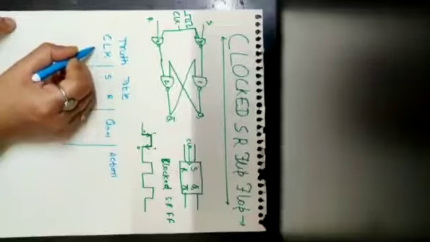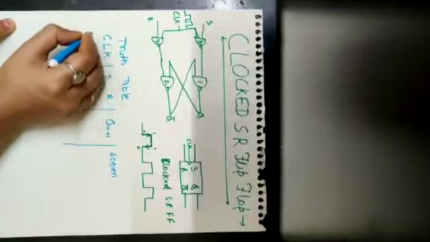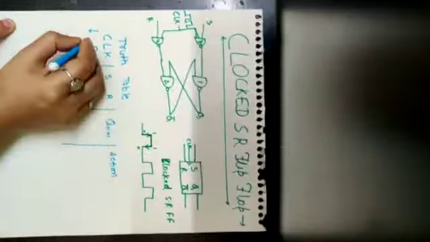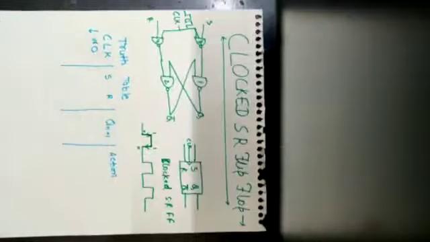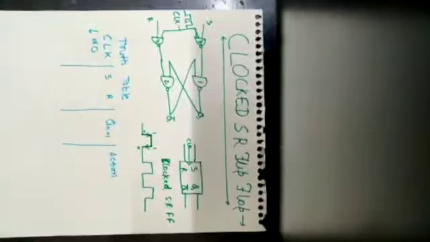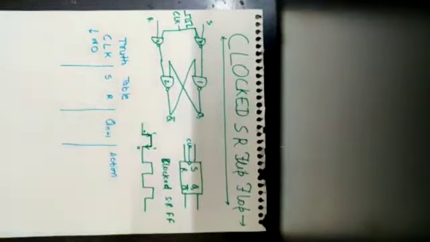First I am considering the case when the clock is low, or when the clock is 0. Sometimes you can show low by a downward arrow; in some books you will find the clock low shown by this arrow sign, so you can use either. When the clock is off or low, I have already told you the whole circuitry remains off.